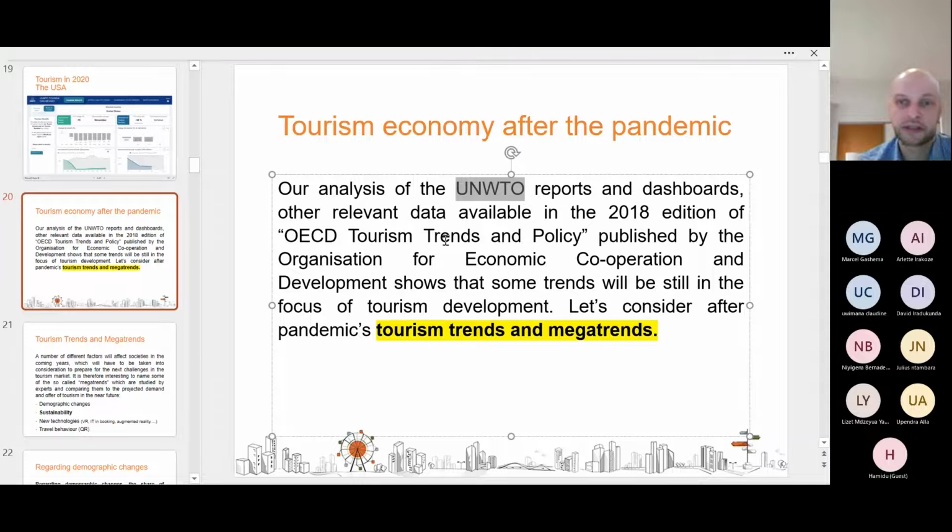Another one is the set of publications from OECD. For instance, they also have some information about tourism trends. And after analysis of these documents, we concluded that there are some tourism trends and mega trends that will be before, during, and after pandemic. So let me share some mega trends in tourism.